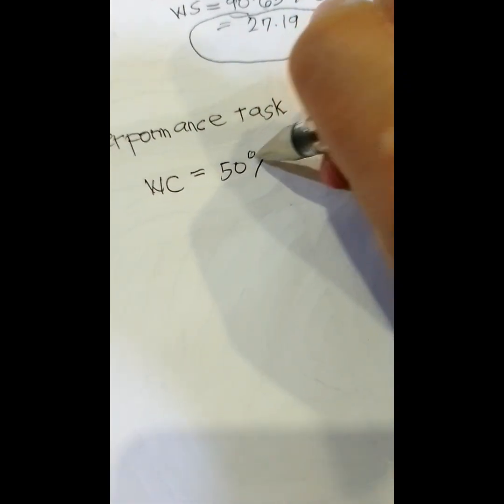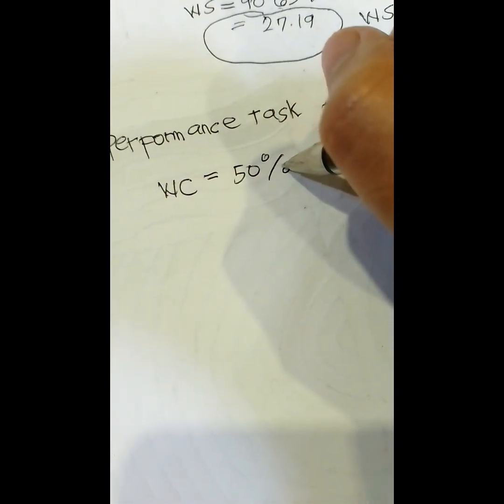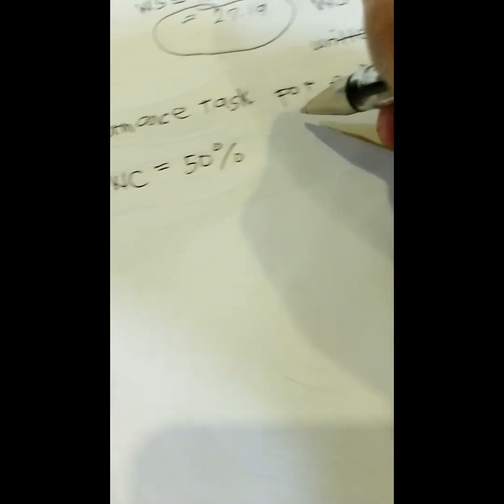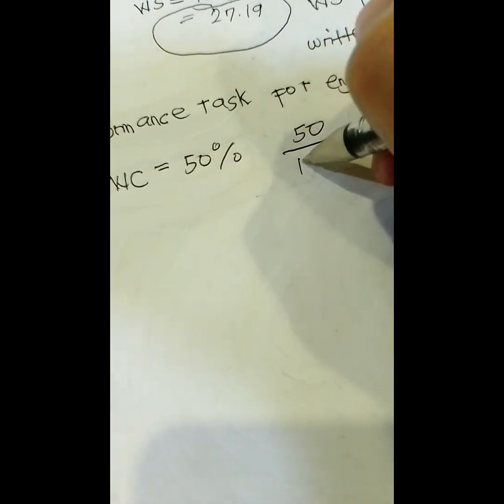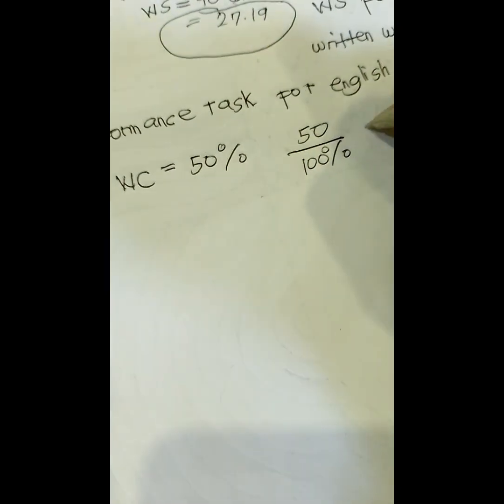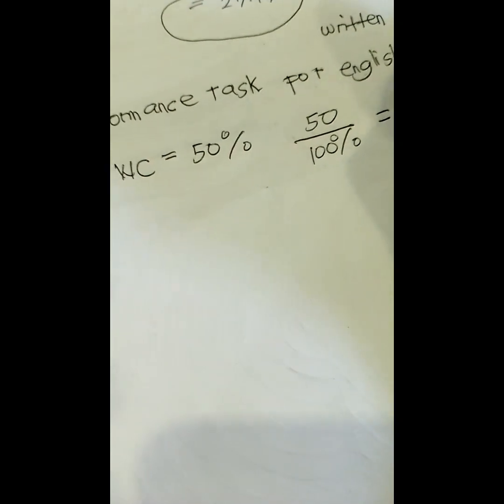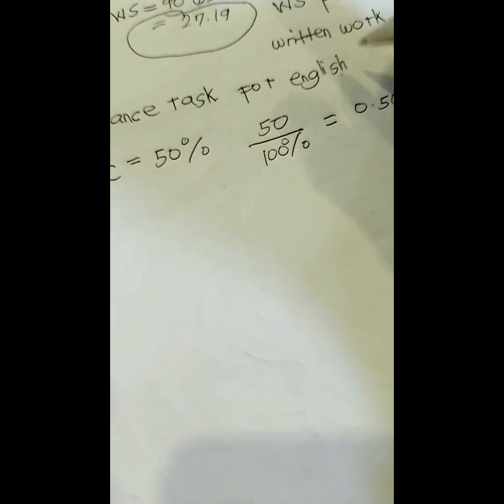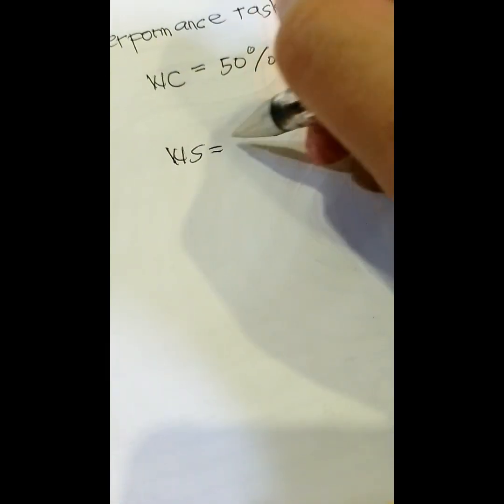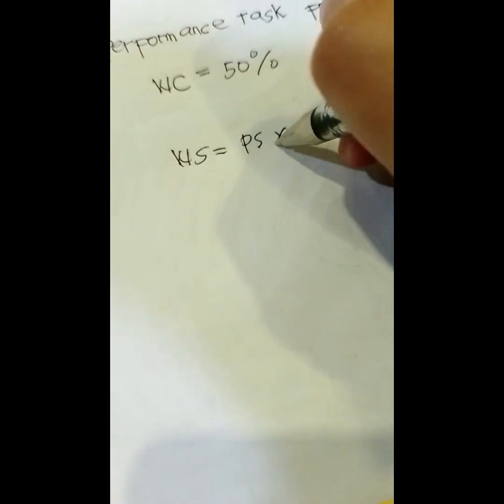So let's convert this one also. 50 divided by 100% is equal to 0.50. Using the equation to get the weighted score, it is equal to percentage score multiplied by the weight of the components.